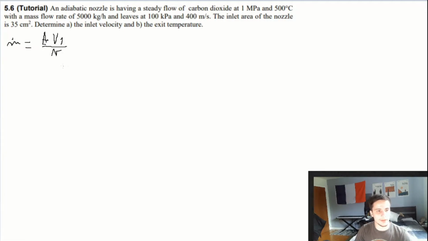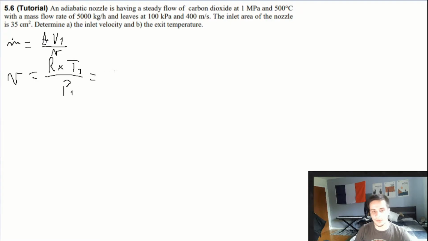Now we don't have the specific volume, but here we have carbon dioxide, and like I said, for most gases, you will need to assume that you have an ideal gas. There's no other way you could solve this equation without assuming this. So your specific volume would be equal to its gas constant times the initial temperature, divided by the pressure.